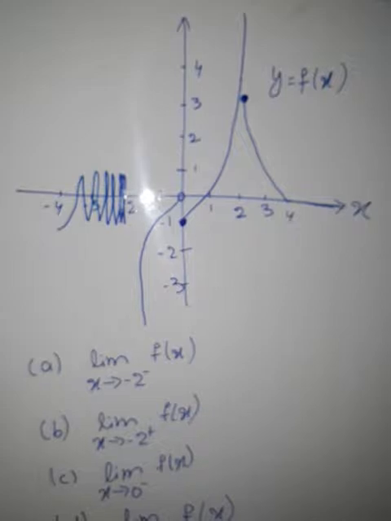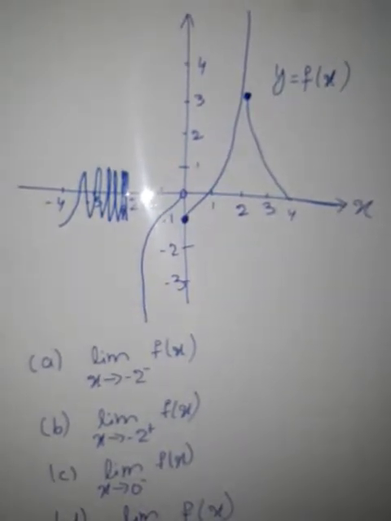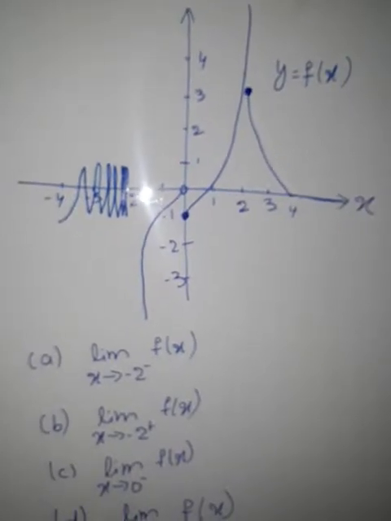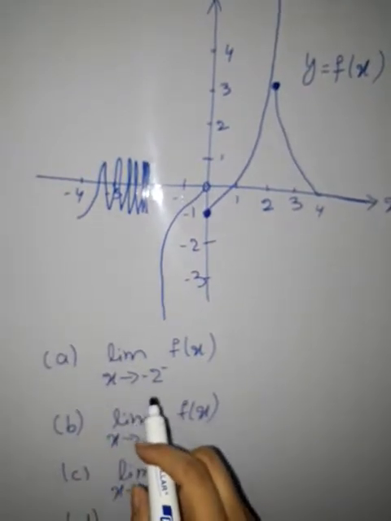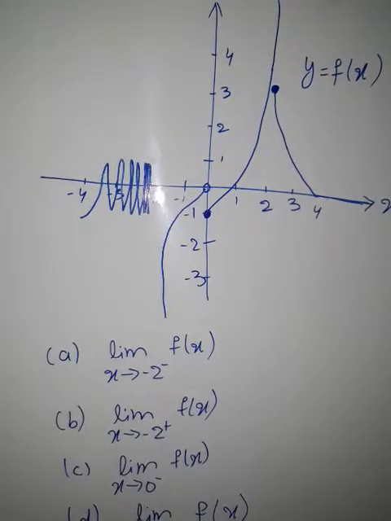This is the graph of the function, and we are interested in finding limits of the function at different points. Part A: limit as x approaches -2 from the left-hand side of the function f of x.